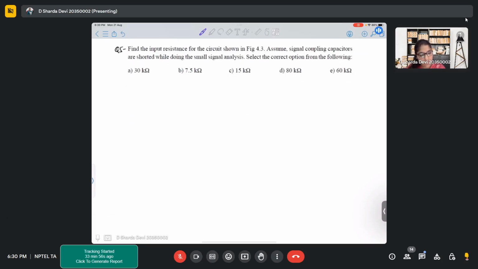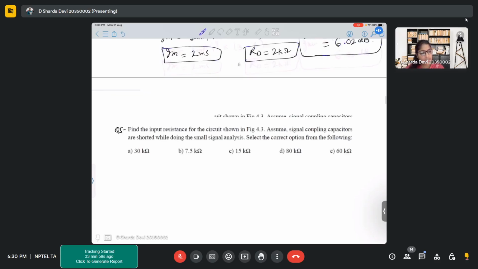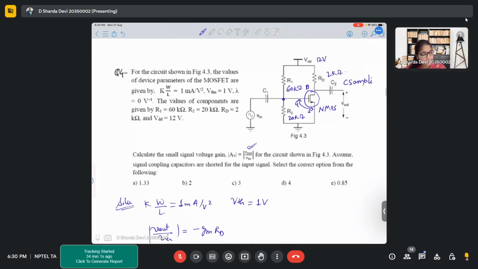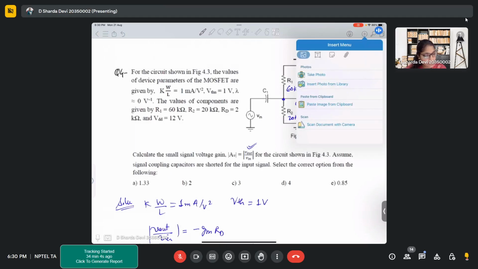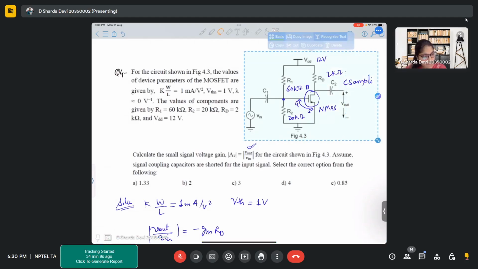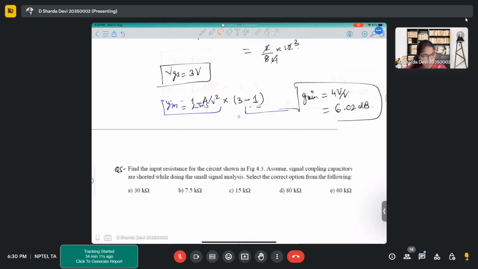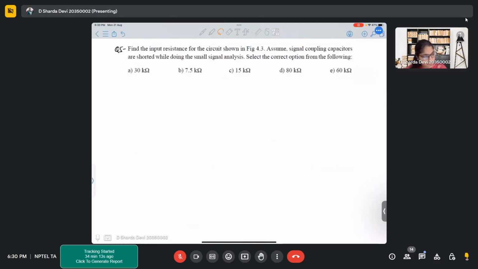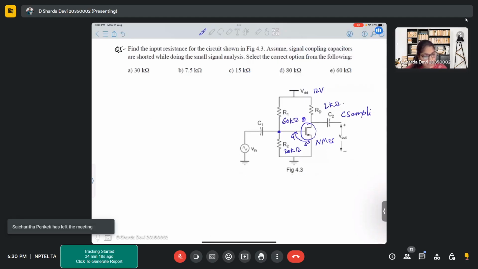In this problem, we have to find the input resistance for the circuit given. For this particular circuit, what will be the input resistance, considering that the capacitors are shorted? What will be the input resistance seen by your input signal source?